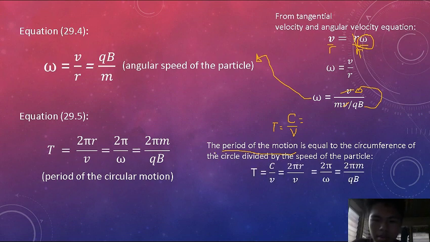And since velocity is equals to r times angular speed, maka-cancel natin yung r and yung r, leaving the angular speed dito. Yan. And since angular speed is equals to qb over m, you can input qb here and m. So yan, this is the period of the circular motion.